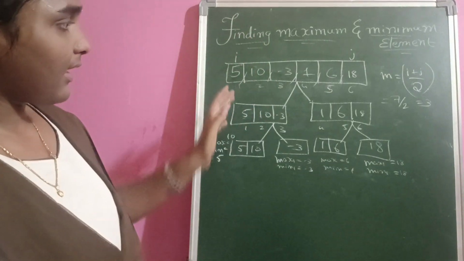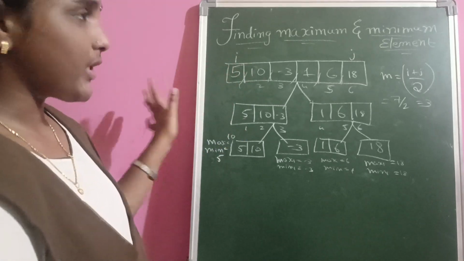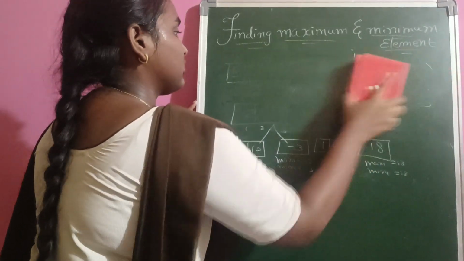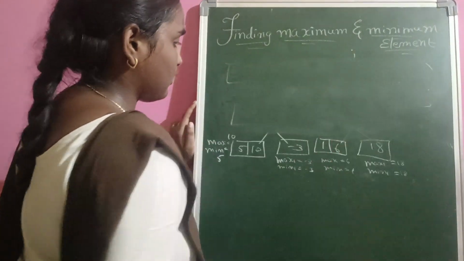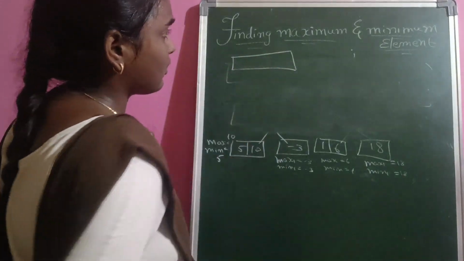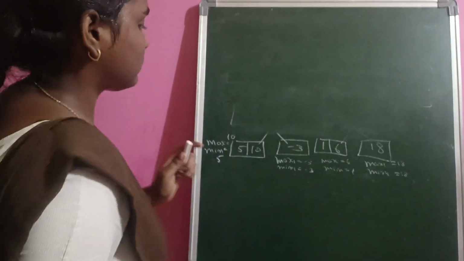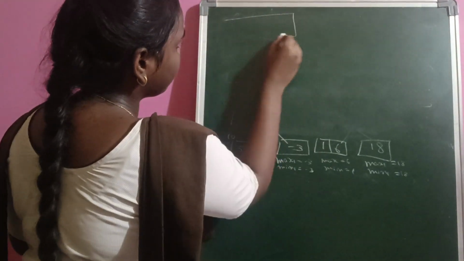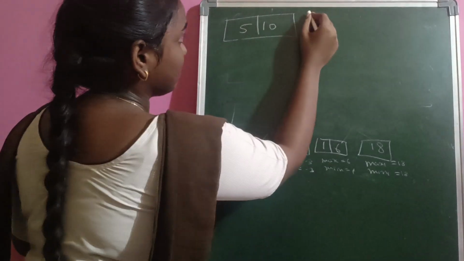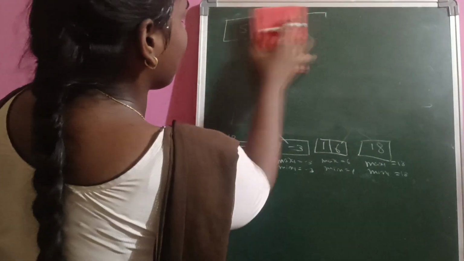Again I am writing this at the top because the board is not visible. Wait, I'm rubbing the whole part. 5, 10, minus 3. Wait, I'll write some more.